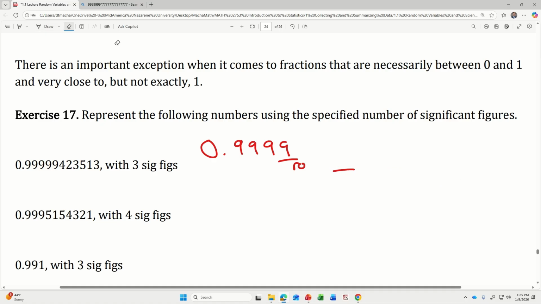So here's what we're going to do, and it's kind of tricky, but we are going to pretend that the 9s are like 0s. They're just there for place value. They're not actually significant figures. So pretending that the 9s are just there for place value, this would become 0.99999 423.